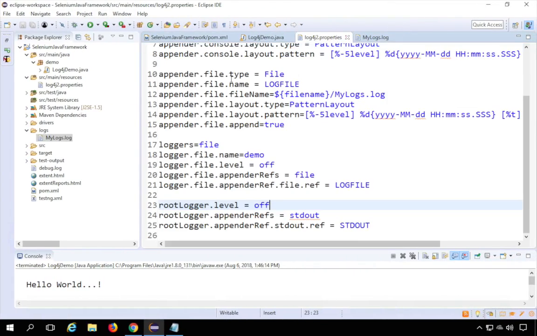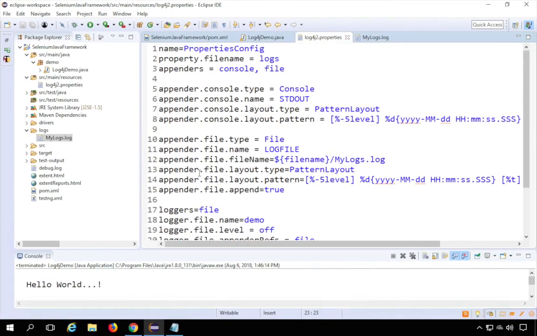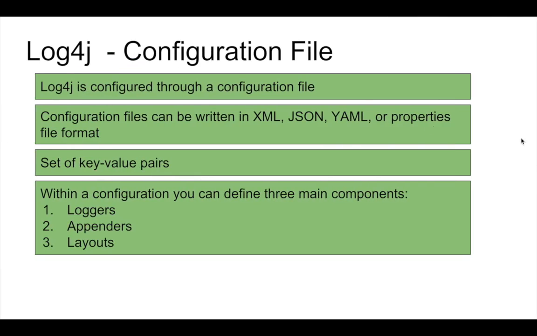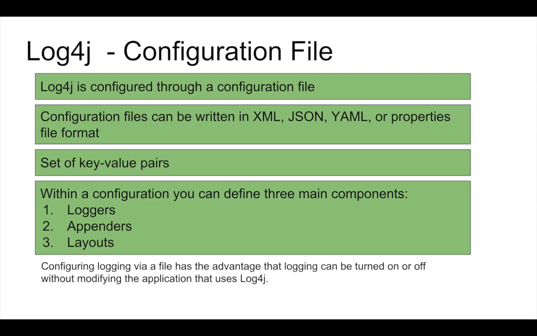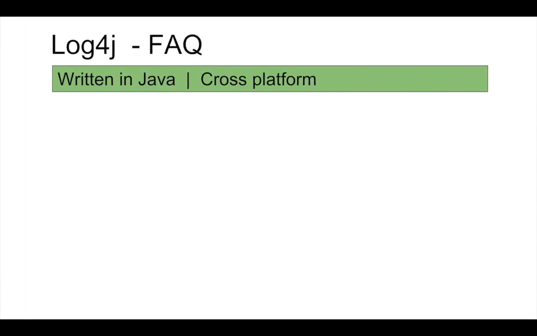Loggers are to log information, appenders are to tell whether to go on a console or to go on a file, and then layouts are some formats. Also, configuring logging via a file has the advantage that logging can be turned on or off without modifying the application that uses Log4j, which we have already seen.